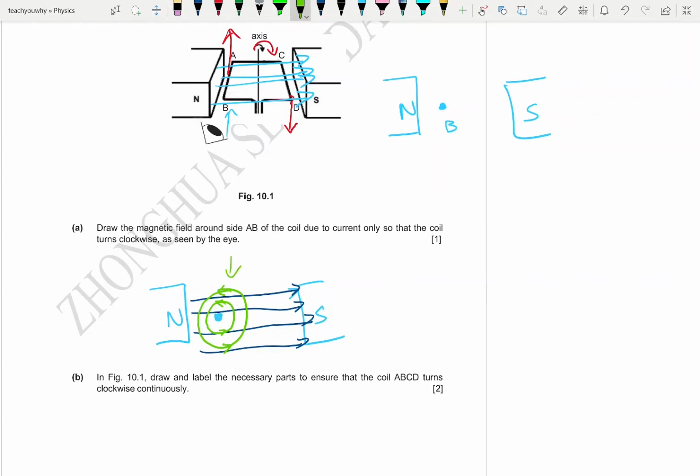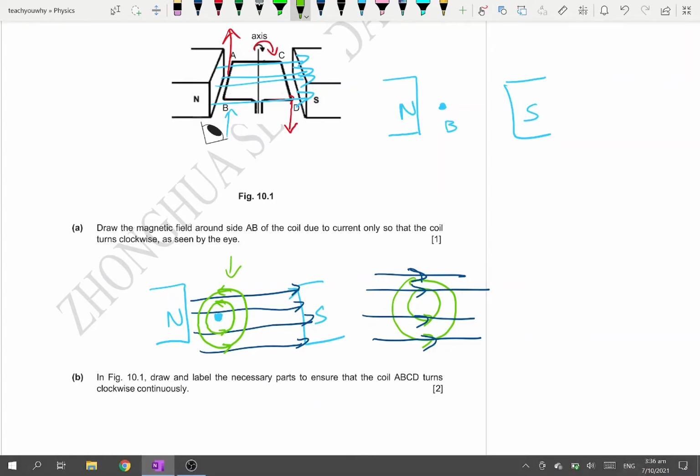Why is that so? Let me show you what happens. When you have the green lines and then you superimpose with the blue lines, these blue lines are the magnetic field due to the permanent magnet. And then the green lines are the magnetic field due to the current passing through AB.